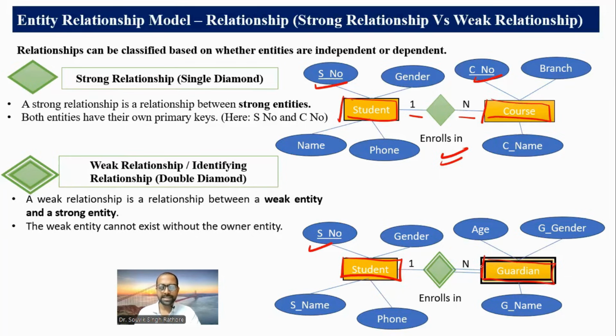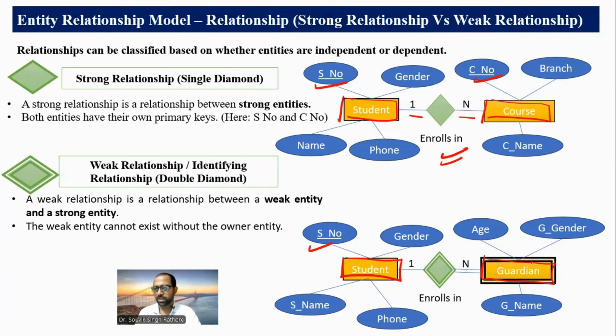A weak entity does not have its own complete key. Unlike the S number over here, we don't have a separate key attribute. So a weak entity type does not have a complete key of its own that is sufficient to uniquely identify it independently. Its identification depends on the association with the strong entity type, also called the owner entity type.